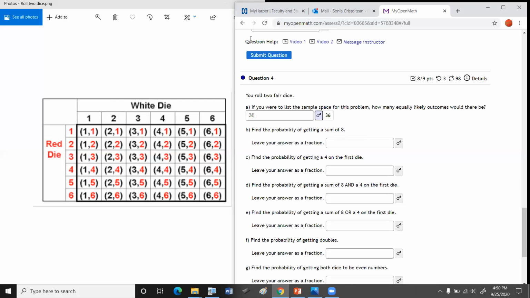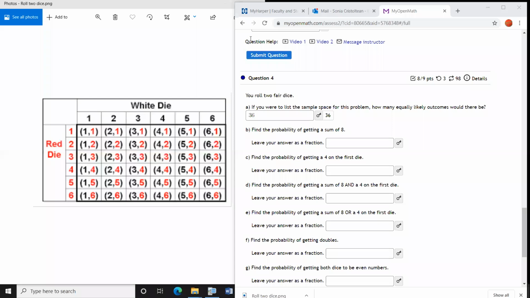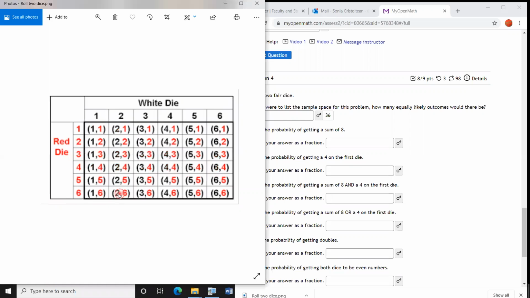A sum of 8, we simply have to look at numbers that add up to 8. Now, if you look at numbers that add up to 8, you can start only at 2, right? Because 1 plus 7 will be an 8, and 7 is not on any fair die with 6 spaces. So we start at 2, 2 plus 6, right?